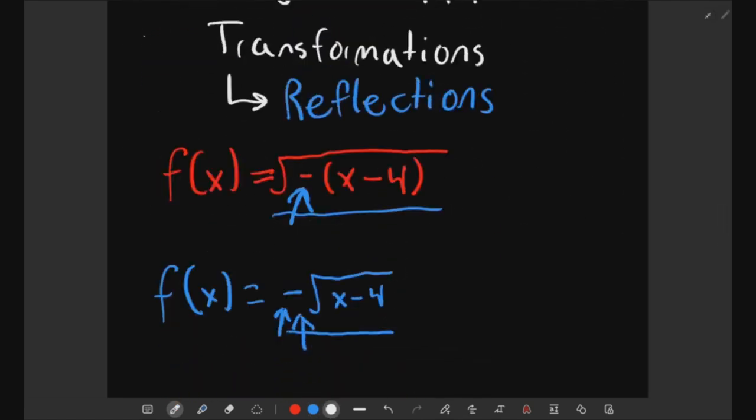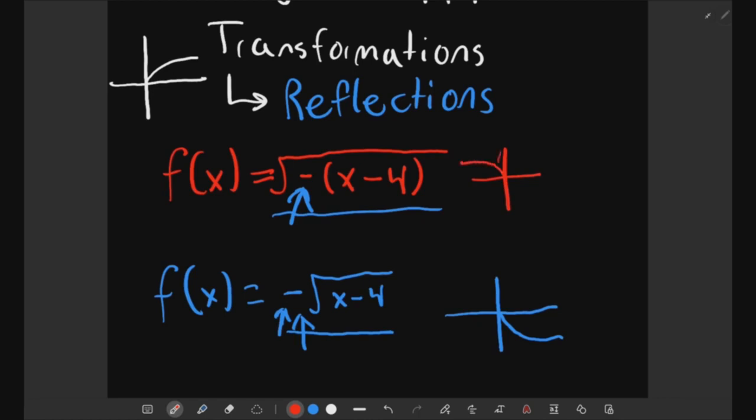So we know that our normal square root of x graph will look like this. It will look something like that. Well, if we have a reflection across the x-axis, it's going to look a little like this. While if you have a reflection across the y-axis, it's going to look like that.